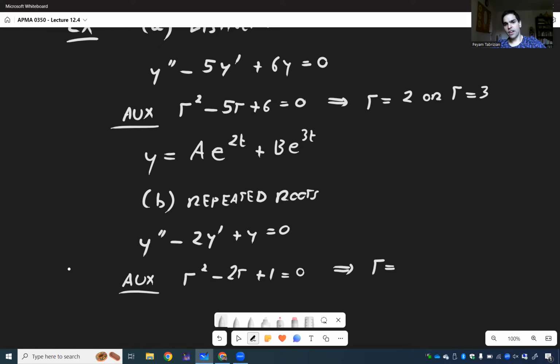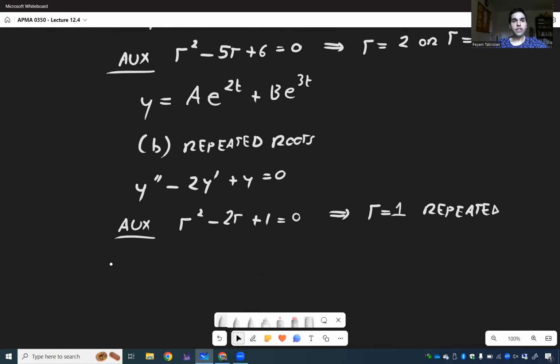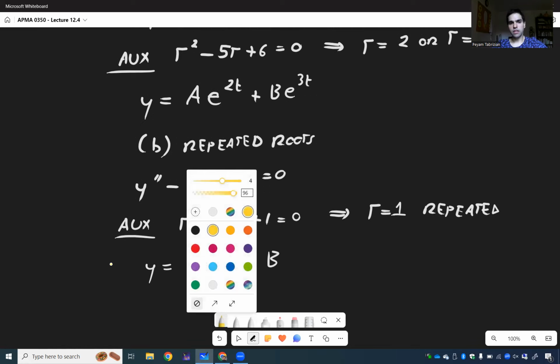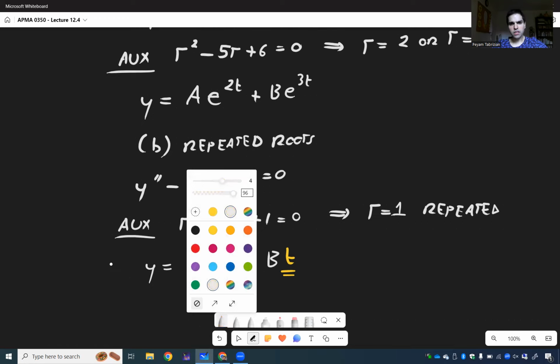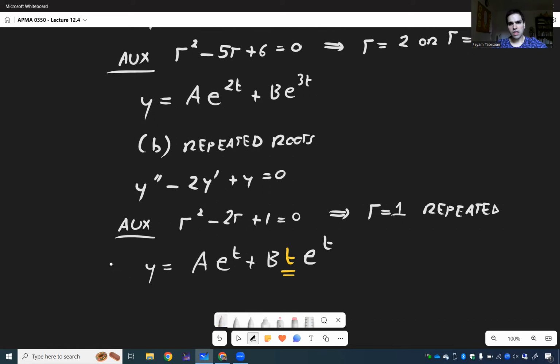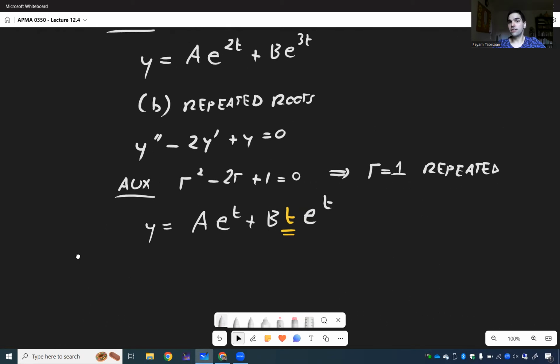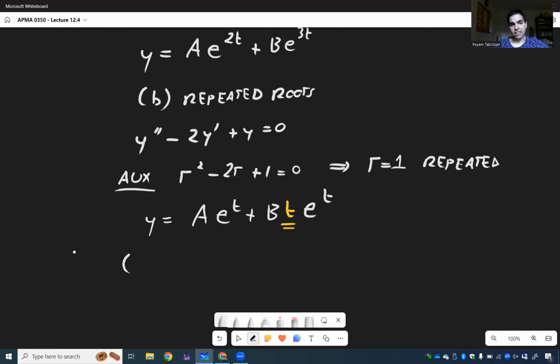And that gave r = 1, which is repeated. The only thing you have to remember here is to add this extra t. So the solution is a e^t + b t e^t. And this extra t, if you remember, came from integrating a constant in the factoring method.